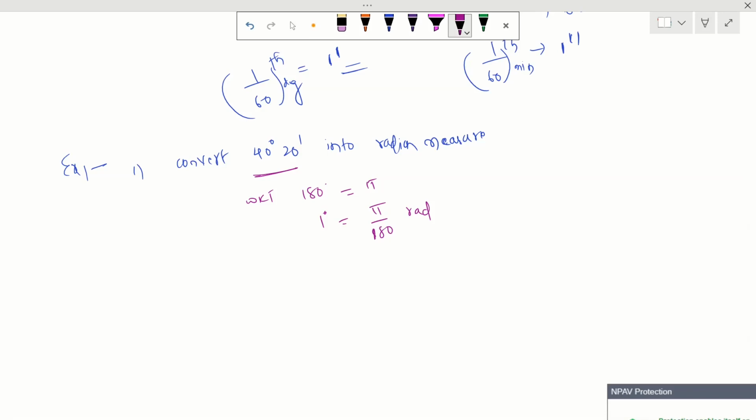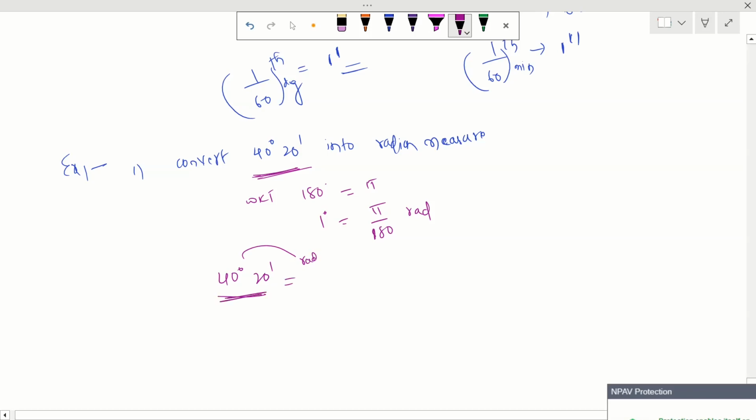Now it is given 40 degree 20 minute. So here both degree and minute are given. To convert into radian, we have to convert this fully into degree form, before converting into radian.